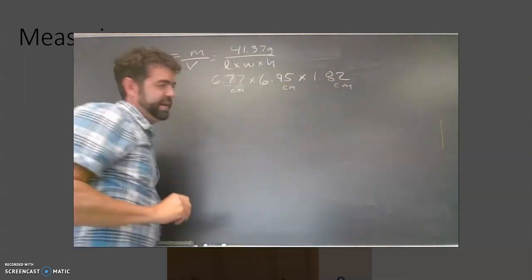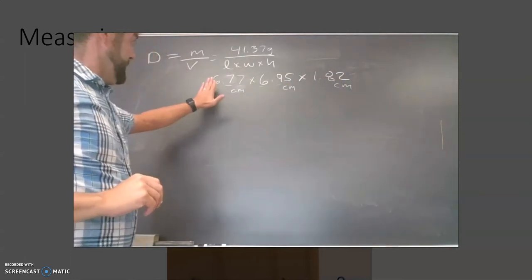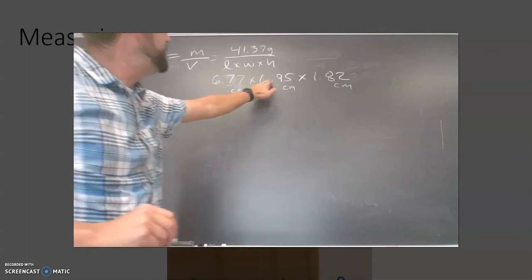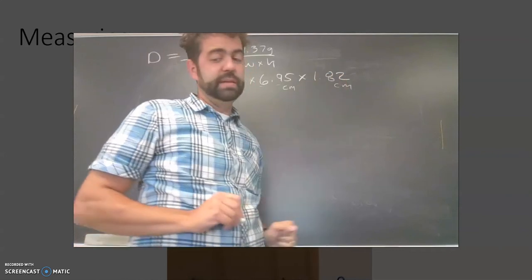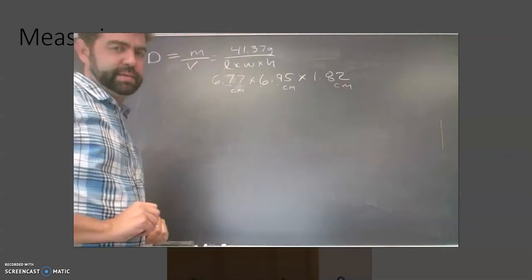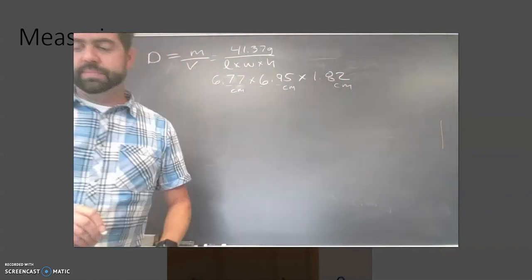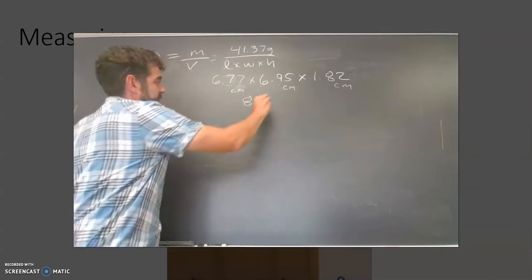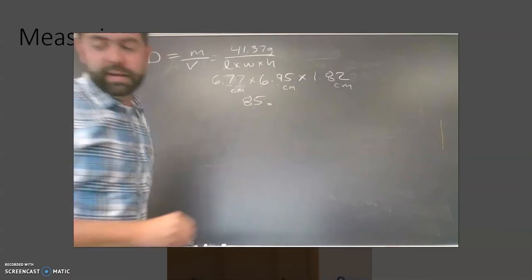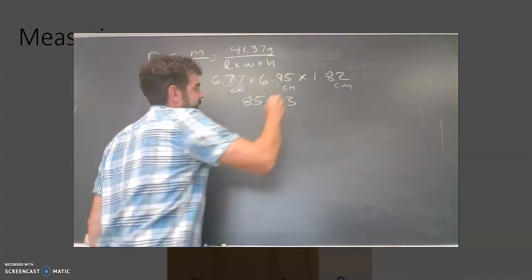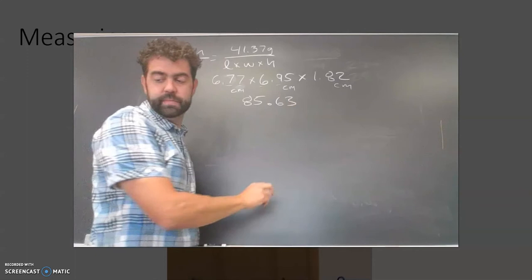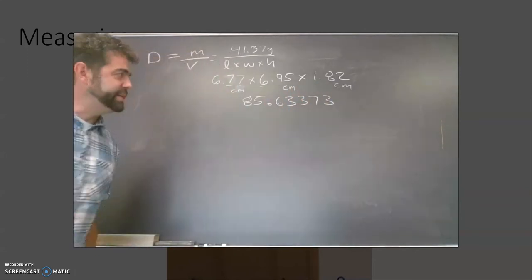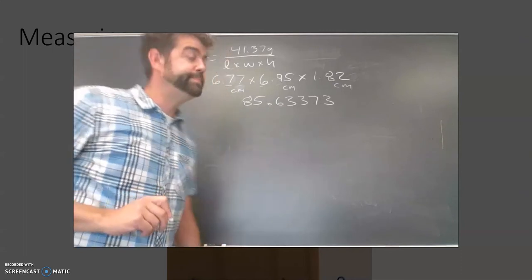If I multiply that all out, here's the thing. I'm taking numbers that have three sig figs, three sig figs, three sig figs. And on my calculator, as I punch this in, I'm going to get something like 85.6373. So how many sig figs should I round this to?